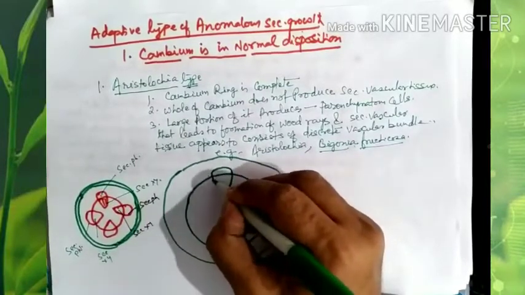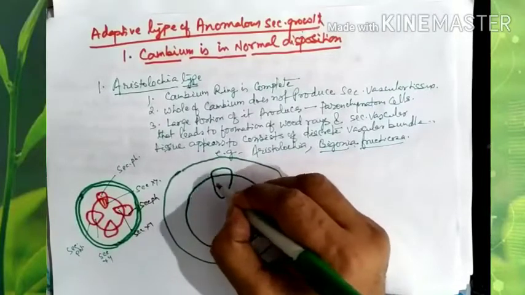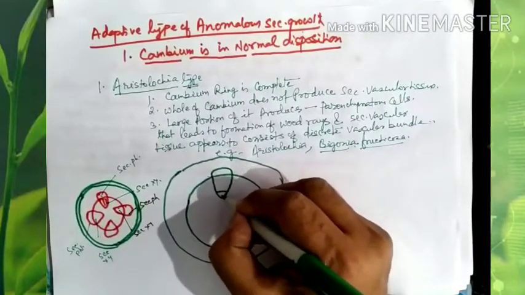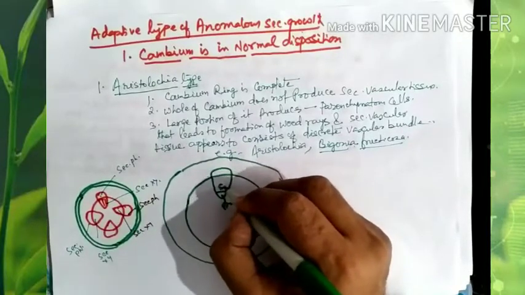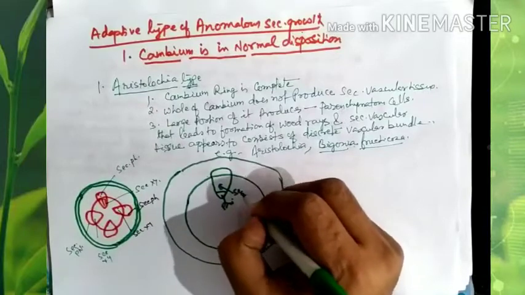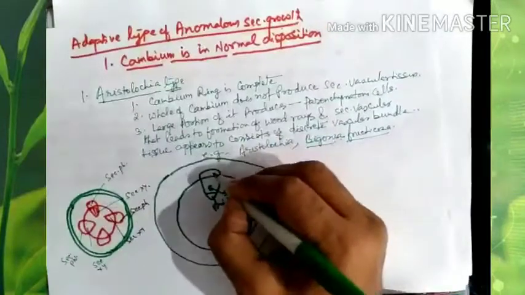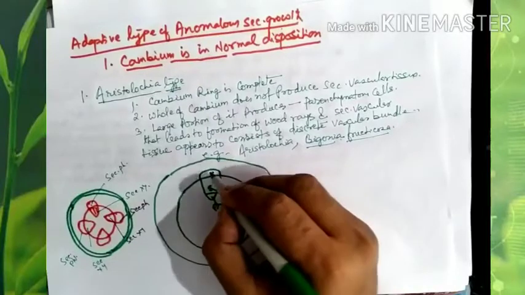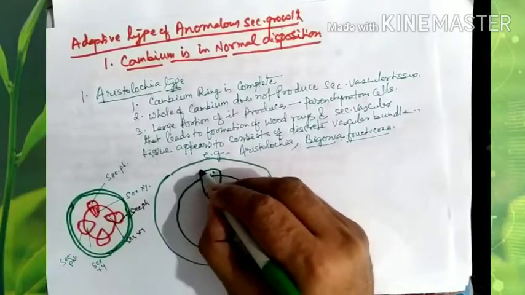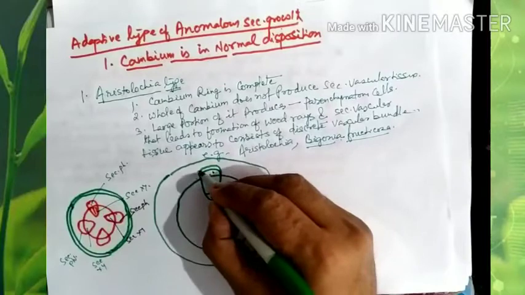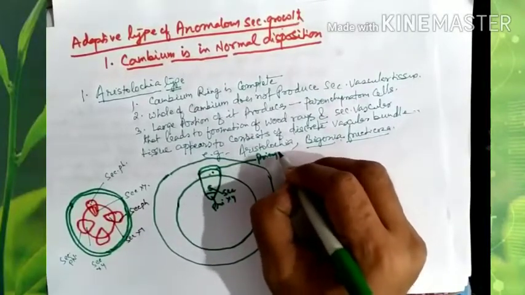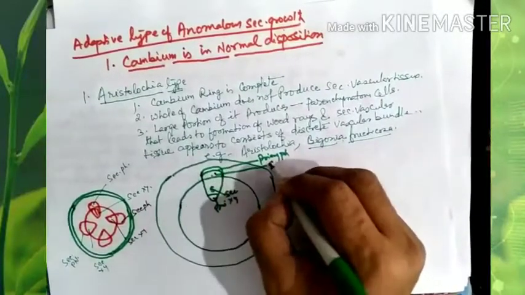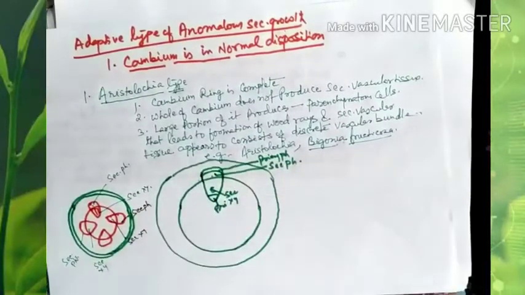This is the primary xylem. This is the secondary xylem, and this is the secondary phloem. This is the primary phloem. This is secondary phloem.